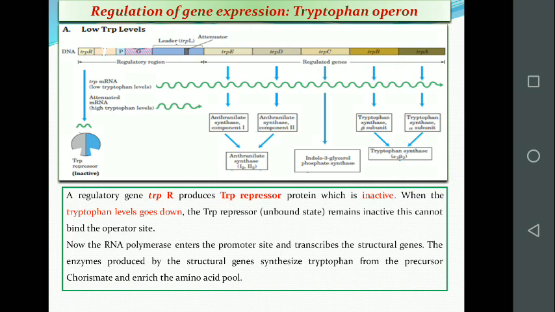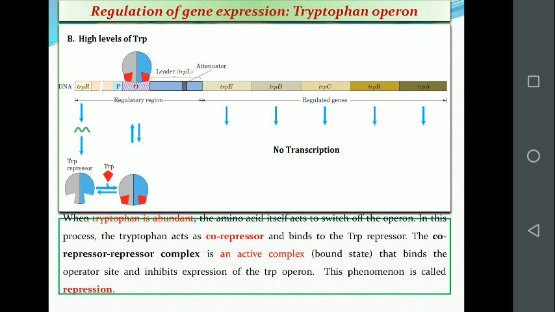So now what happens? Tryptophan levels go up because of the structural gene products. If the level of tryptophan is high, then what happens? That high level of tryptophan must shut down or switch off the structural genes.